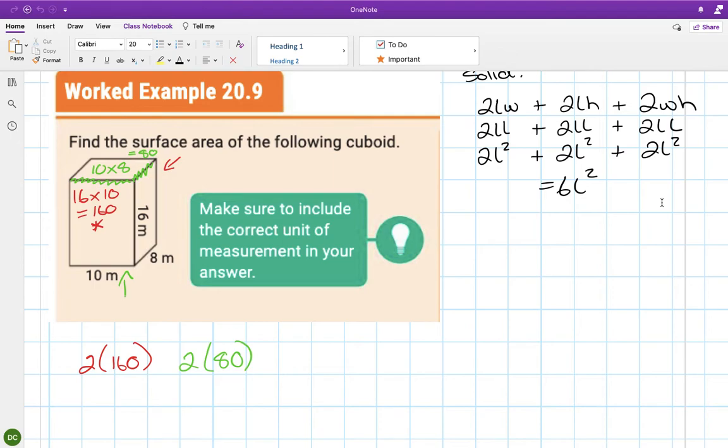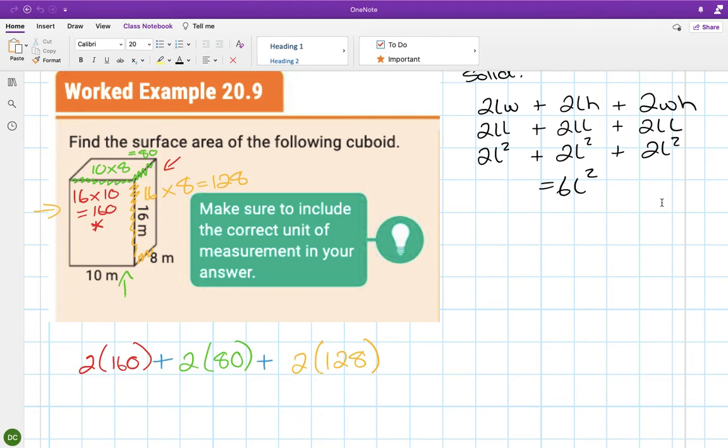And then the side. So the side here, that's 16. That's 8. 16 times 8 is 128. But again, we have the one we're looking at, and then we have the side over here, so it's 2 times 128. And then to get the surface area, we just add them all up.